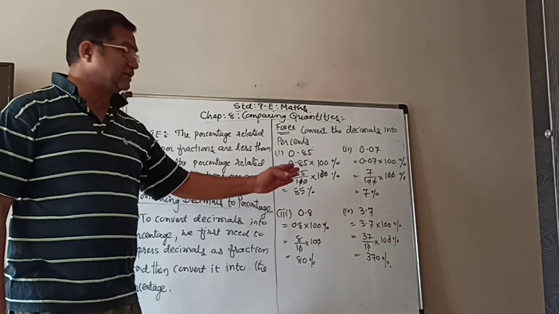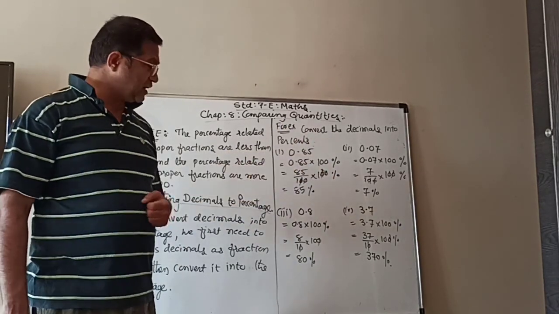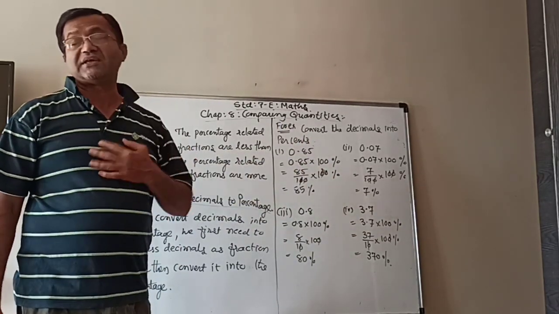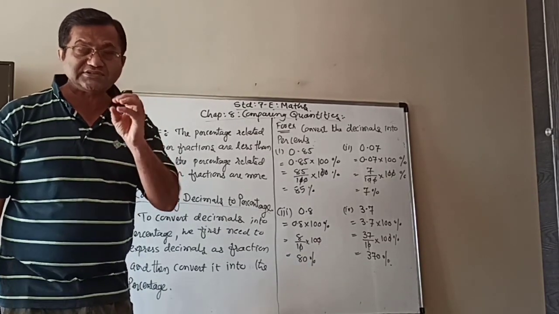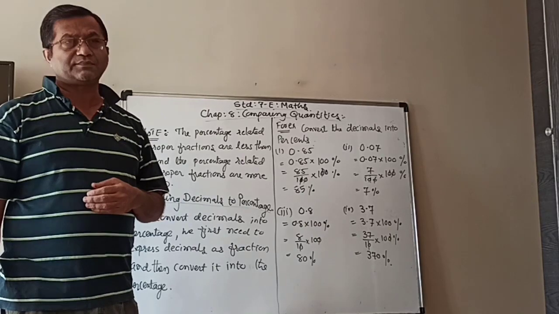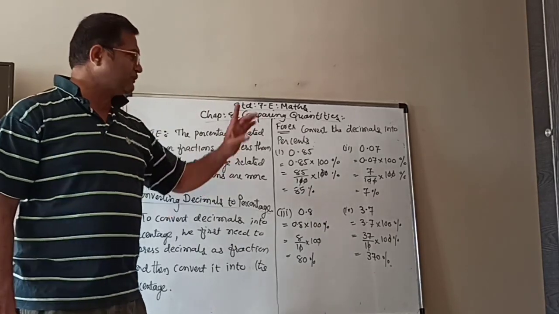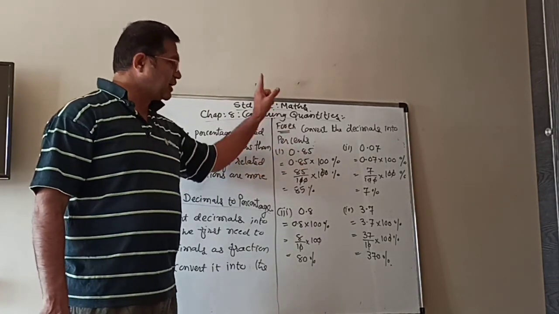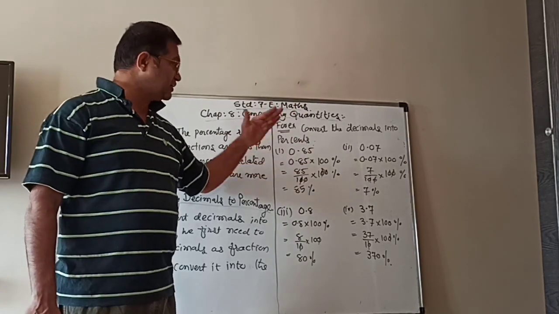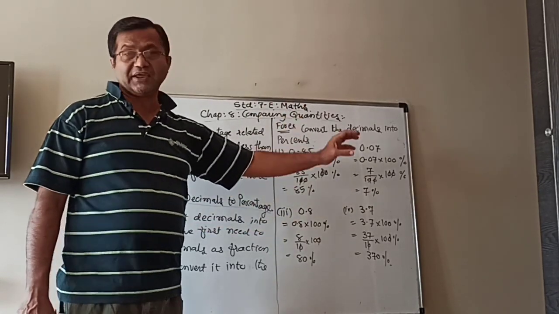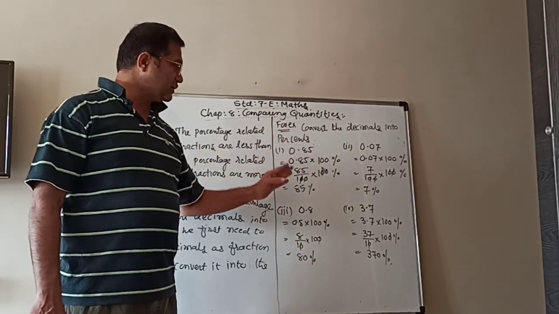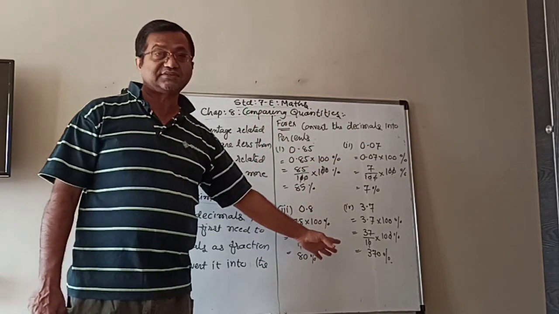So 37 multiplied by 10 is 370. So your answer is 370%. So when a decimal is given, you follow the same rule, but first remember to take out the decimal point and put either 10 or 100, according to the decimal places, and then convert it into percentage like this.